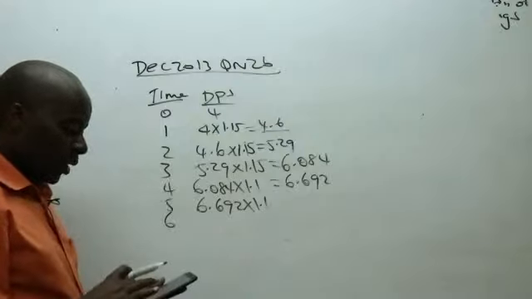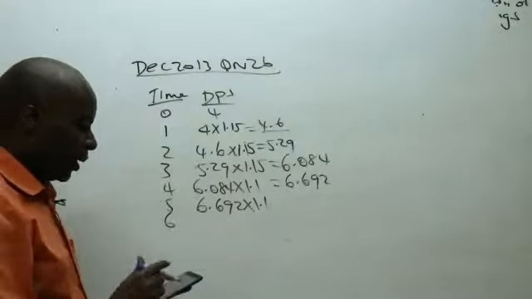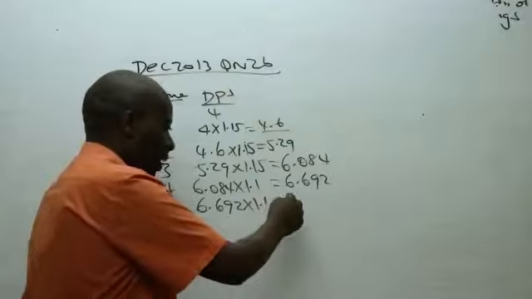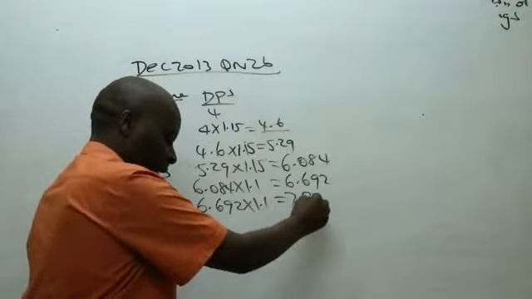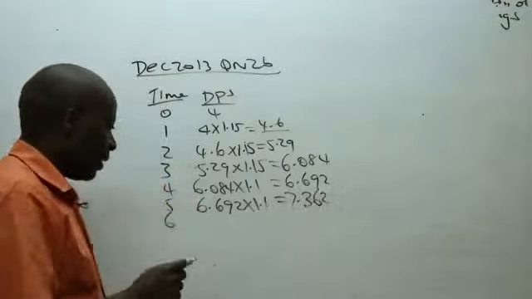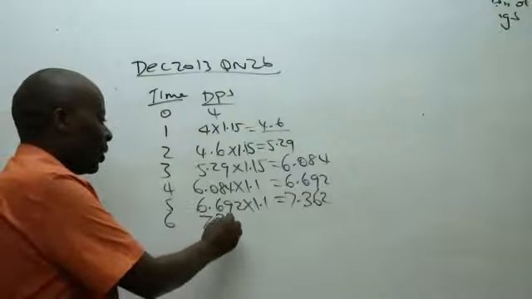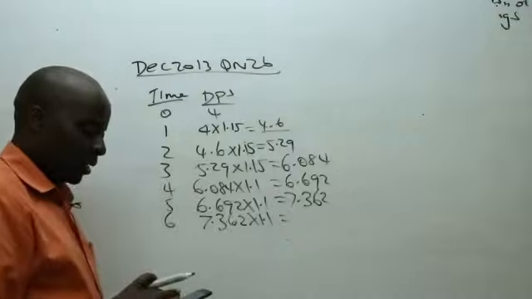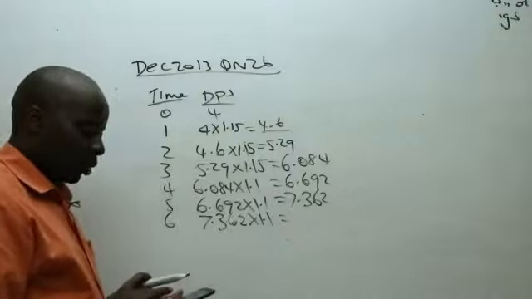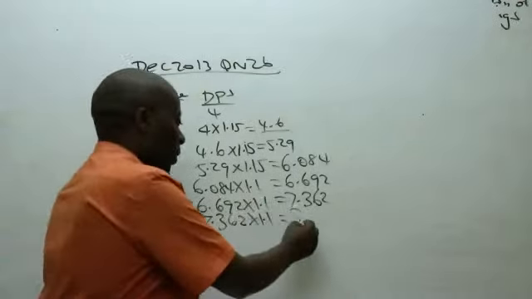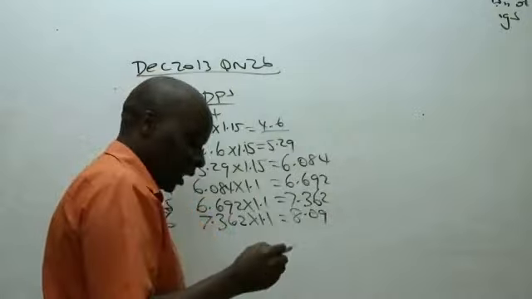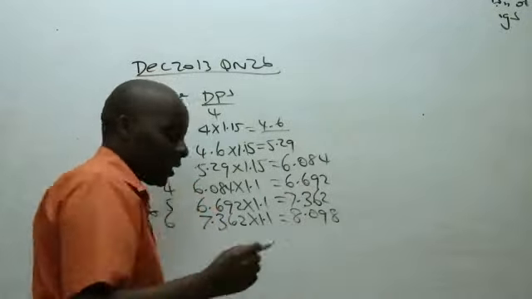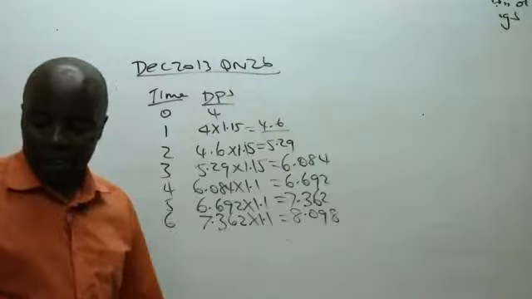So times 1.1 will give me 7.362, and then I have the same 7.362 growing by 10%. So times 1.1 will end up giving us 8.098. And then what happens after the 6th year?